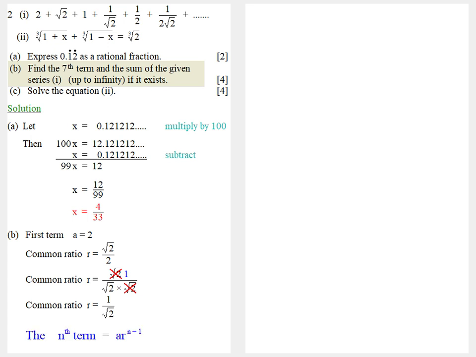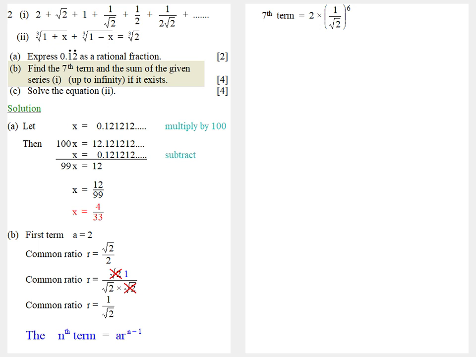So if we use the formula for the nth term, which is equal to a r to the n minus 1, then we have the seventh term is equal to the first term 2 times the common ratio 1 over the square root of 2 raised to the power n minus 1, which is 7 minus 1, or 6.